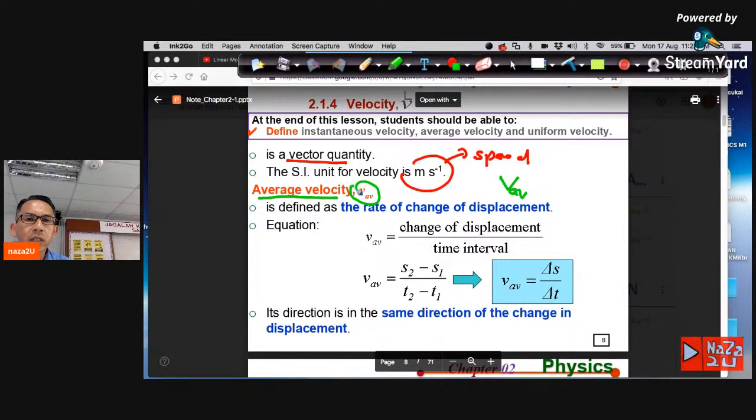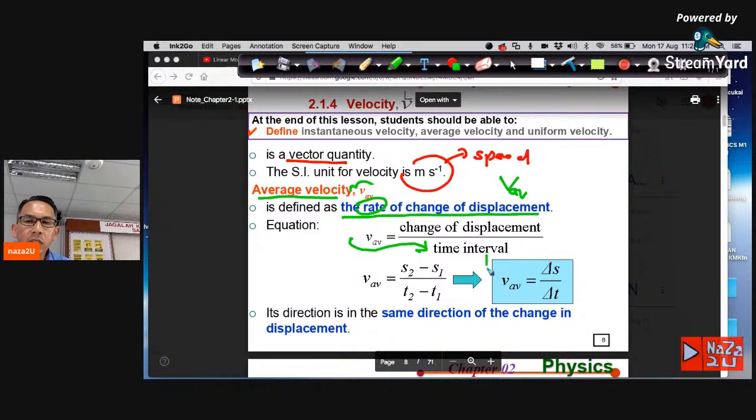So the definition of average velocity is the rate of change of displacement. Or dalam bahasa kita katakan kadar perubahan jarak ataupun displacement. The rate of change of displacement. Same, we have the rate, meaning you must divide it by time t or time interval here.